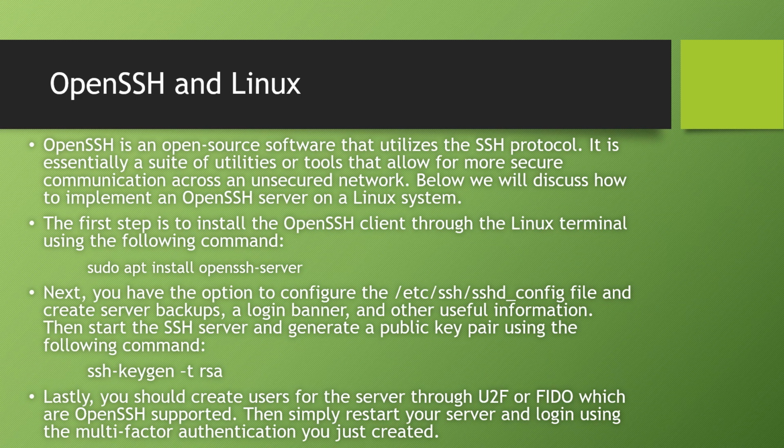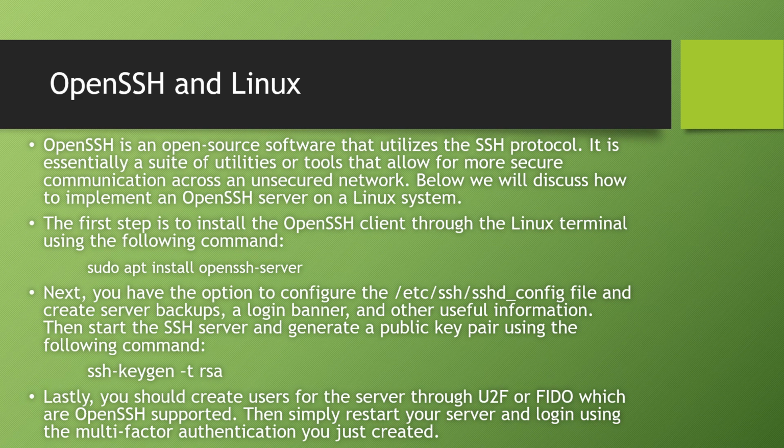So now let's discuss how to actually implement an OpenSSH server on a Linux system. The first step is to install the OpenSSH server package through the Linux terminal, and that is done using the following command: sudo apt install openssh-server.